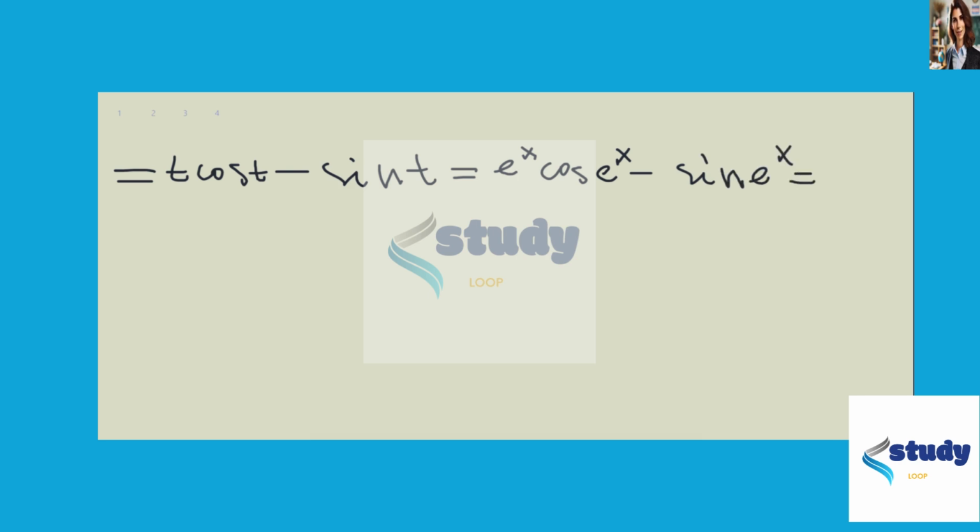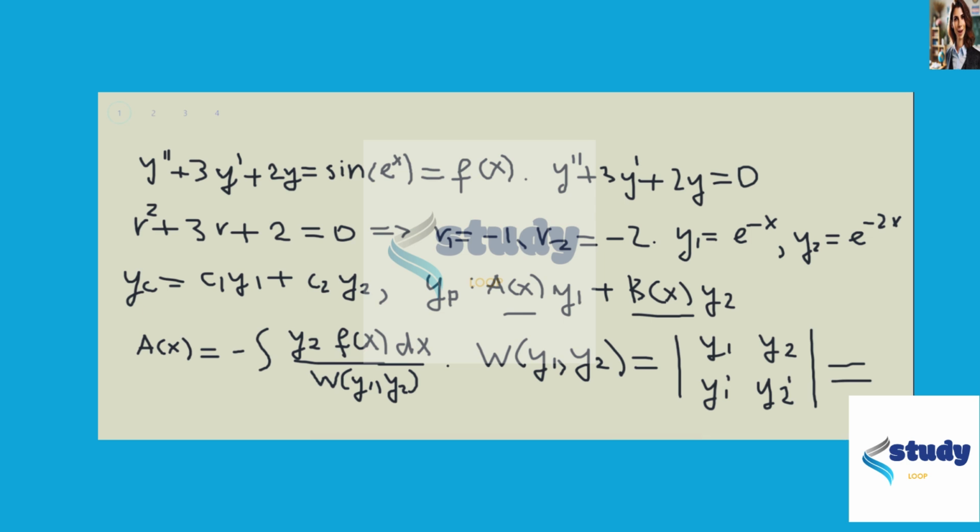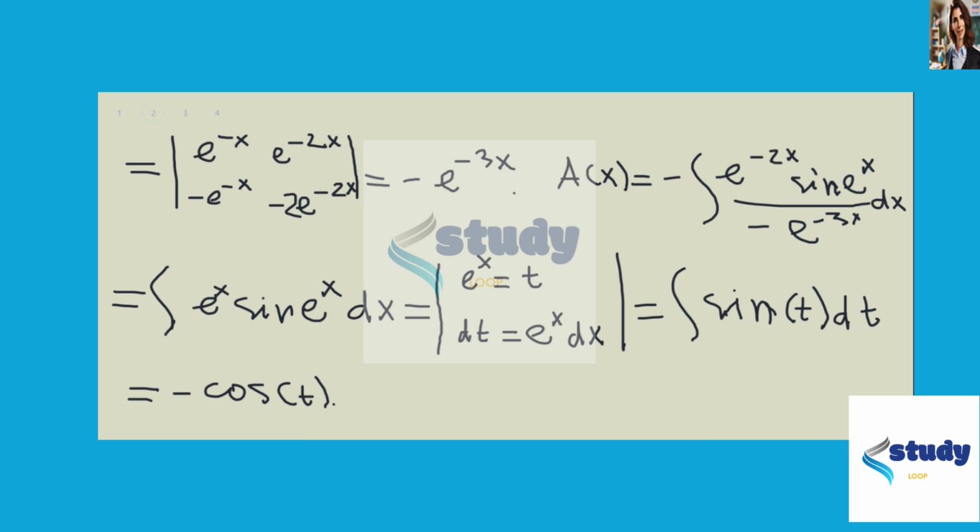Remember, this is our a of x. So we can write down our solution yp now. This is a(x) times y1 plus b(x) times y2. So y1 and y2 are here. I guess I forgot here to write everything in terms of the x variable. So this is my a(x).